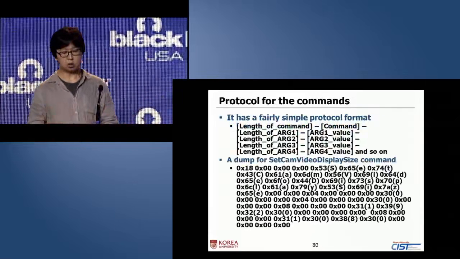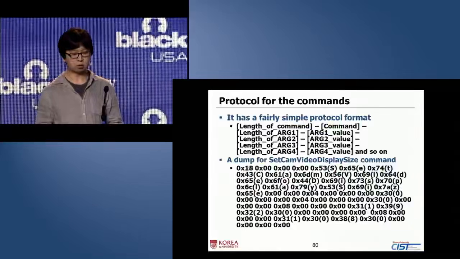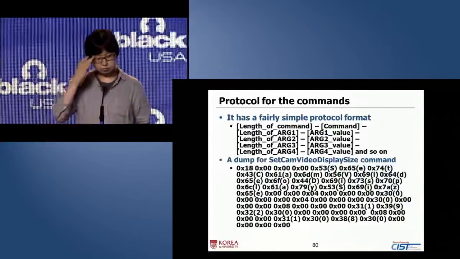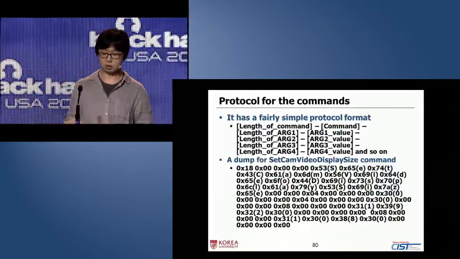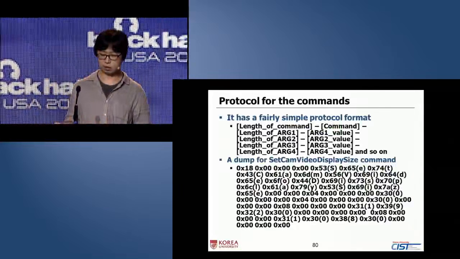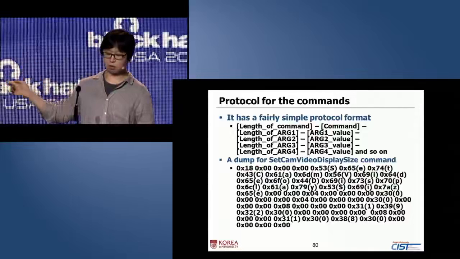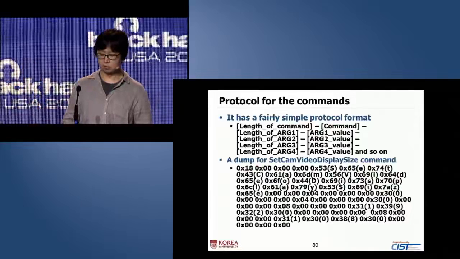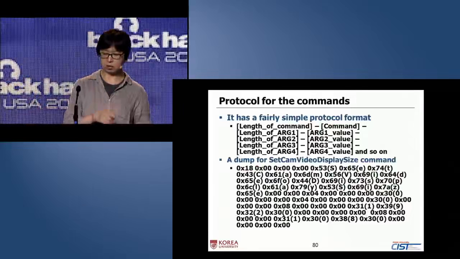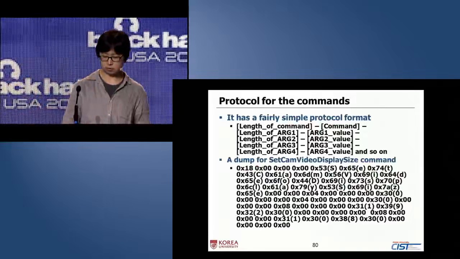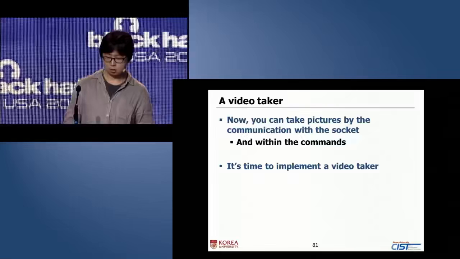It is basically ASN.1, which is really simple, like length, command, length, value. This is done for set cam video display size. You see there's a length and a value, very easy to recognize.